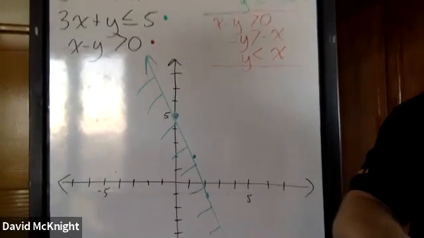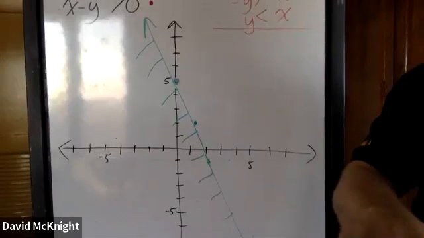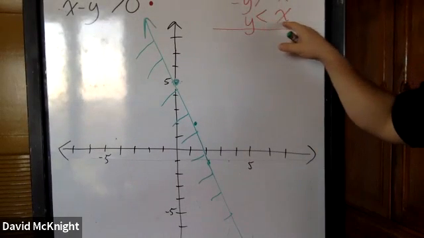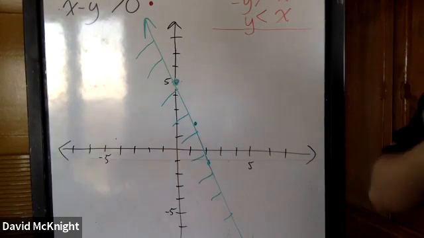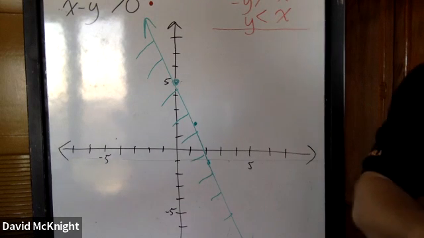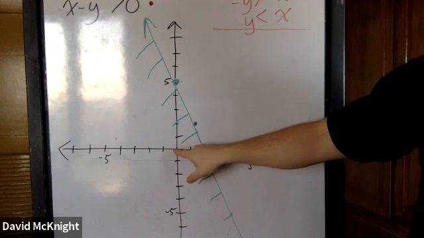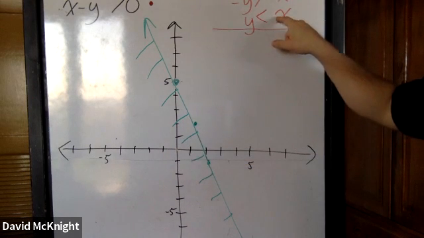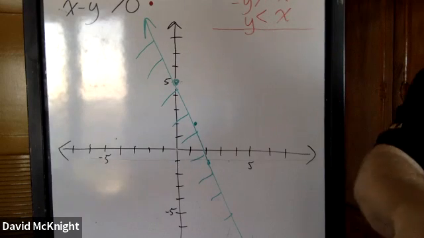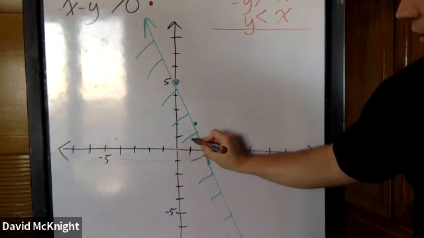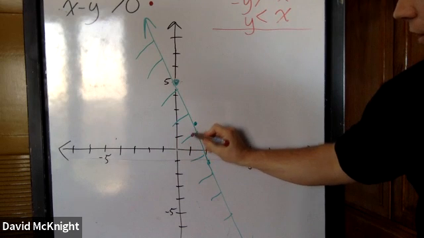Looking at the next inequality, it's simplified out to y is less than x. So think about that. What is the starting point? Well, there is no y-intercept. Well, it's 0. So its starting point is at the origin, and the slope is 1. Okay, so that one's pretty easy. We're going to go up 1 over 1.